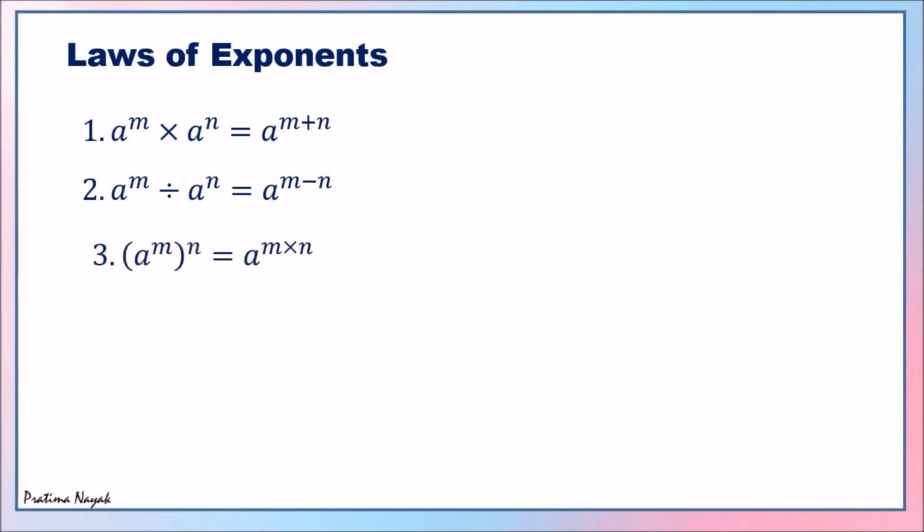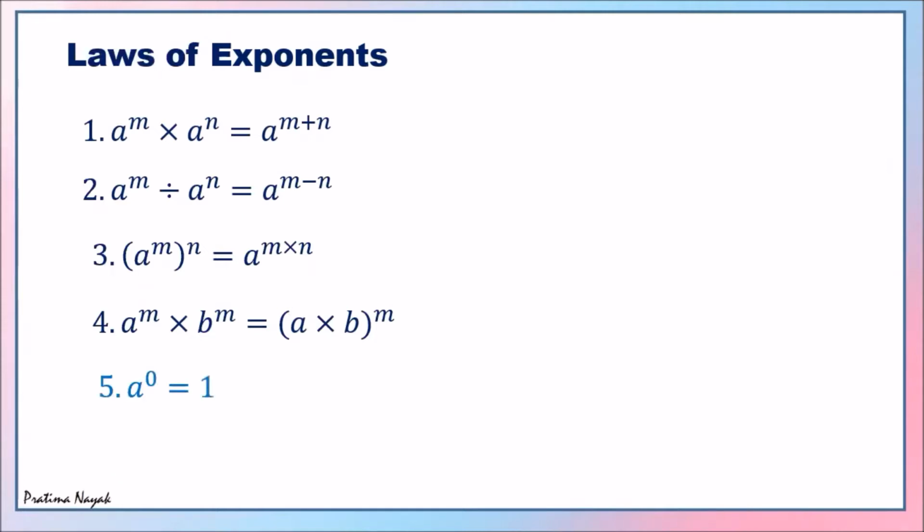And when a base with an exponent is again raised to a power, then the two powers will be multiplied. And if there are two bases with the same power, they will be multiplied, then their base will be the product of the two numbers.